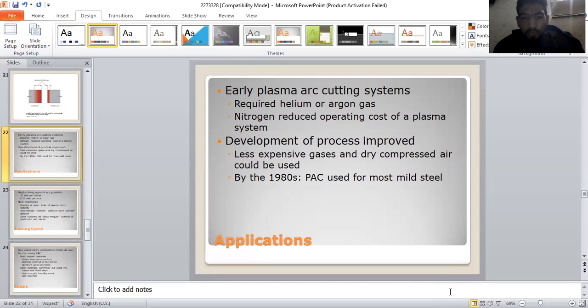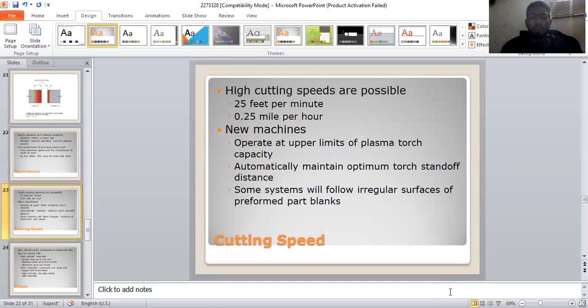But in today's world, we can use less expensive gases and dry compressed air, which have the characteristics we discussed before this slide. So in 1988, it was conveniently used for mild steel, and it became very inexpensive, and we can use it commercially.